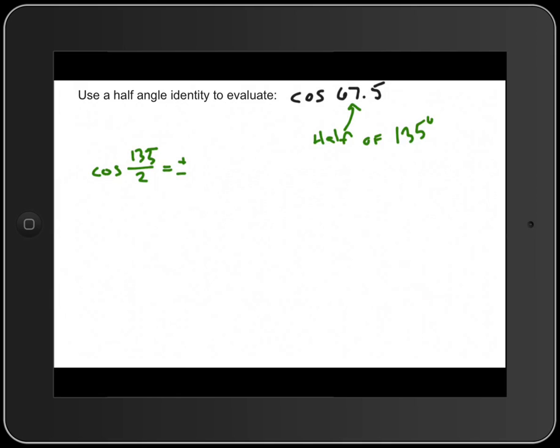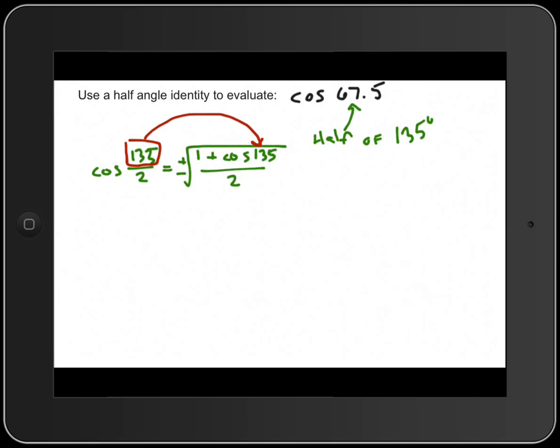Okay, so we apply our half angle formula to that. We get plus or minus the square root of 1 plus cosine of 135 all over 2. I use this u value right here. This is the value that goes in for the function. Okay, we'll deal with that plus or minus later, alright? So cranking through that, we can go to our unit circle.